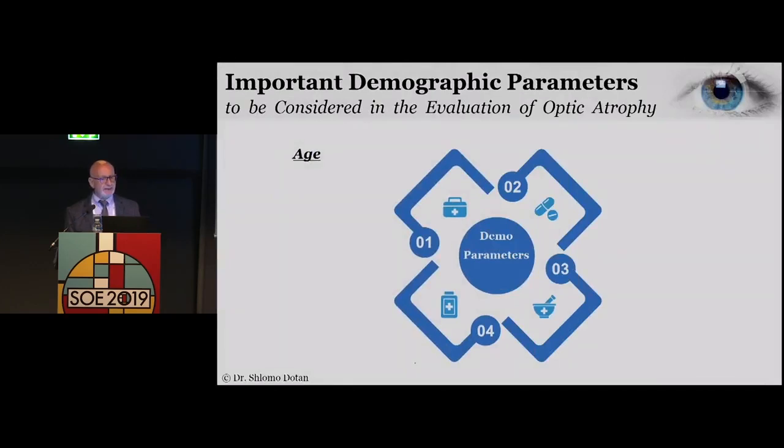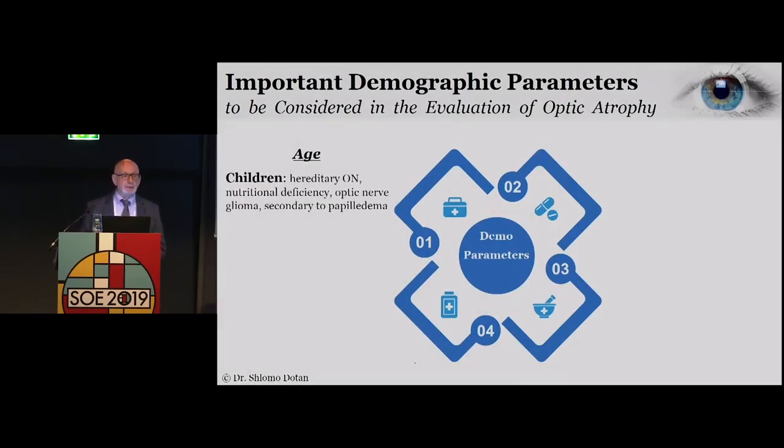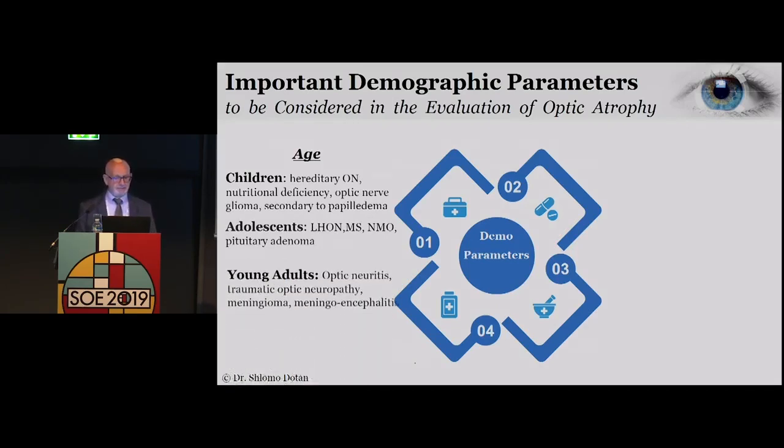And we have the age. Accordingly, we'll see that children most probably will be with hereditary optic neuropathies or nutritional deficiencies, optic nerve glioma. Adolescents will show Leber's hereditary optic neuropathy, MS, NMO, neuromyelitis optica.